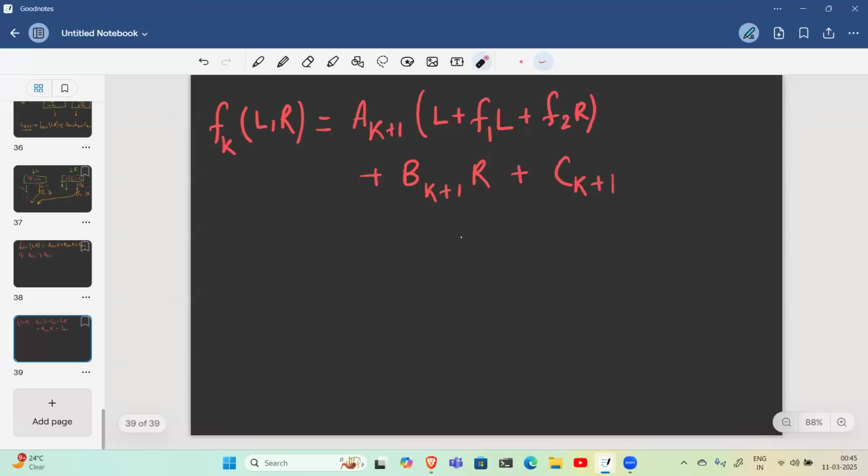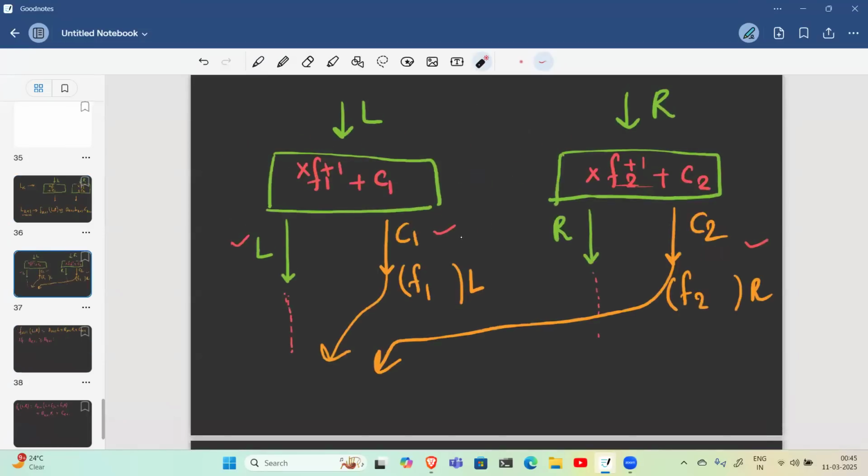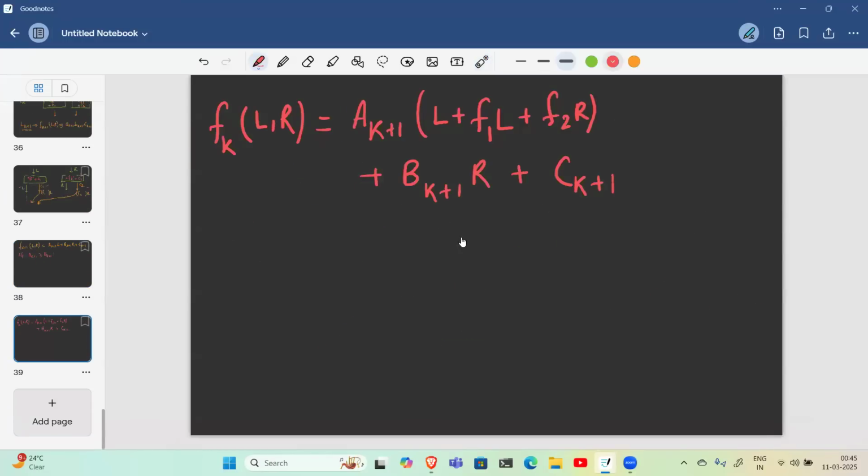Since the coefficient a_{k+1} is greater than or equal to b_{k+1}, all these people who have taken fresh birth pass through this region. Sorry, I forgot about this C1 and C2. They also pass through a_{k+1}, right? So let me erase this and add a C1 and a C2 here.